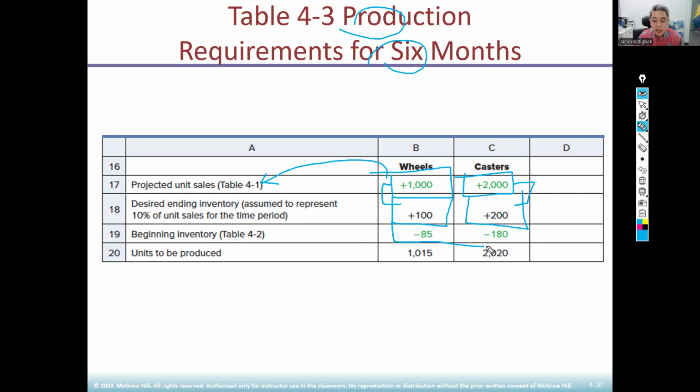But because you have beginning inventory carryover, let me deduct that. This will be the units to be produced, right? This is what you're thinking right now to produce, this two, right? Or this section here. But you know you have your beginning inventory, that's why you deduct it. So this is the items to be produced only, units to be produced.